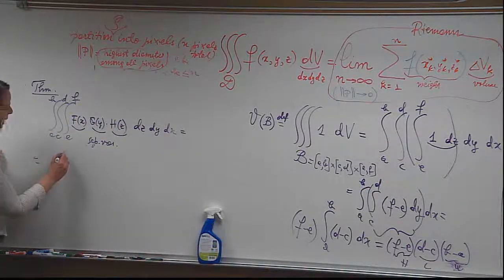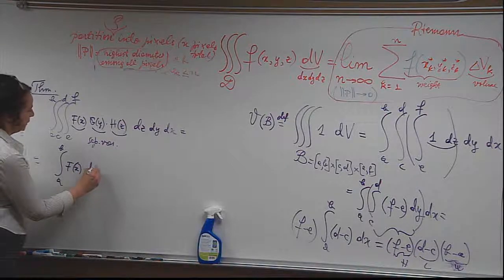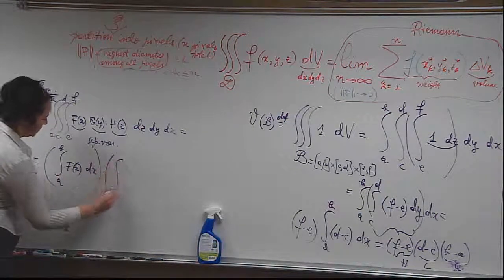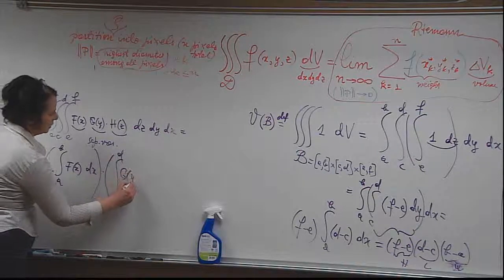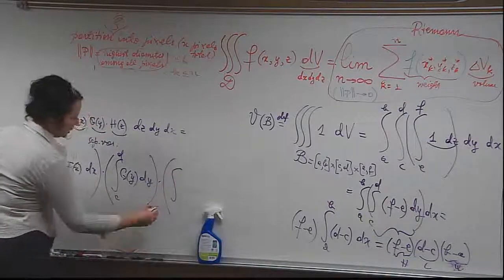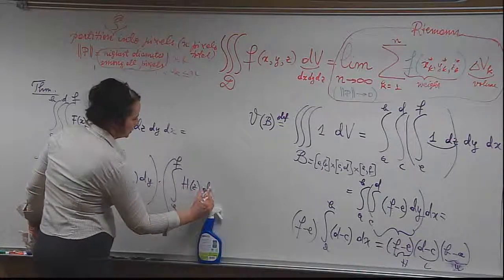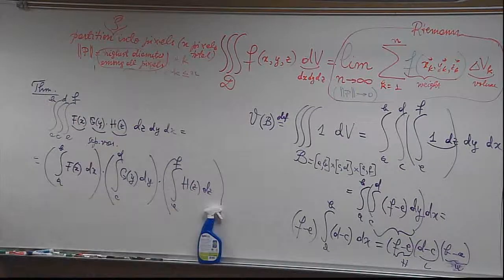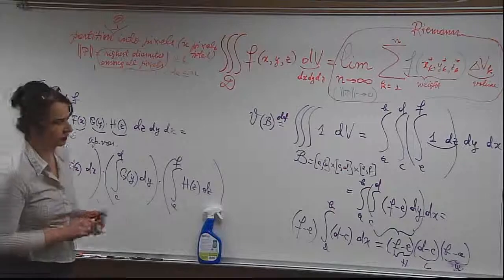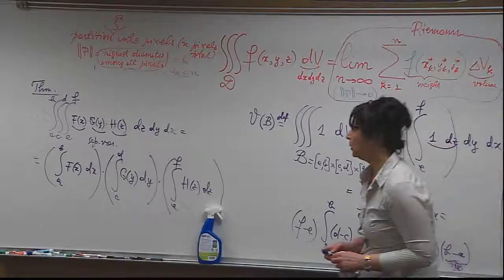But practically this is exactly the same as the integral from a to b of f of x alone dx, times the integral from c to d of g of y alone dy, and times the integral from e to f of h of z dz, and close. So you've seen the version for the double integral, and this is the same result for triple integrals, and practically what is the proof? You just pull out one at a time.